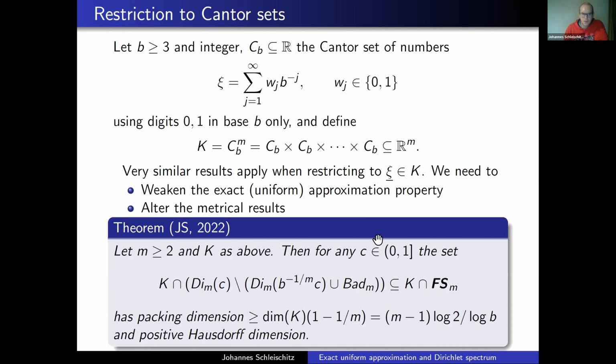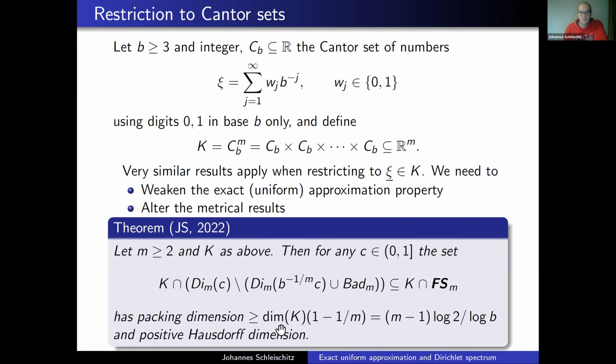Again, independent of this C between 0 and 1, you can intersect the set that we had before almost, but now you have a factor b to the minus 1 over m. So you cannot go until 1 minus epsilon, which would be ideal, but you have another factor b to the minus 1 over m, and then you intersect the whole thing with the Cantor set, which is part of this folklore set intersected with K. Then the result is very natural.